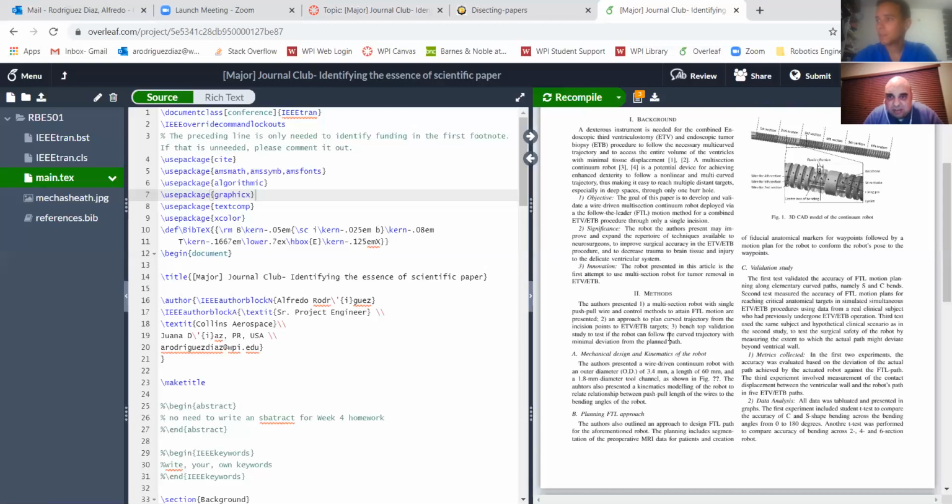So that's really what we have to do: write the objective of the paper, summarize it, and write the significance as we see it from the paper and the innovation. It's right there. Now let's look at the methodology. The author presented a multi-section robot with, okay, so you are summarizing the mechanical design and kinematics of the wire robot, planning the FTL approach, validation study.